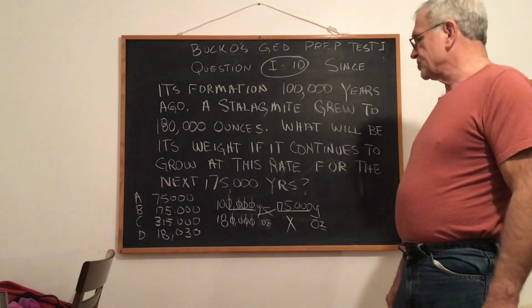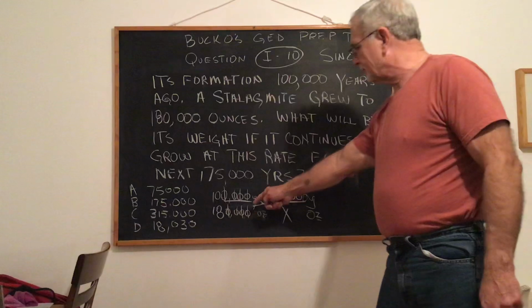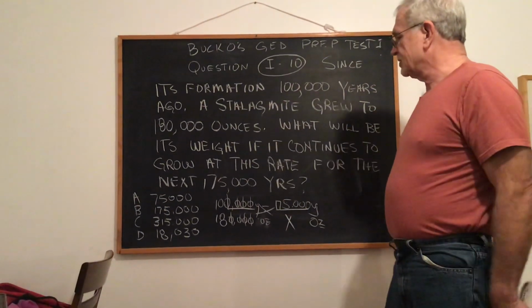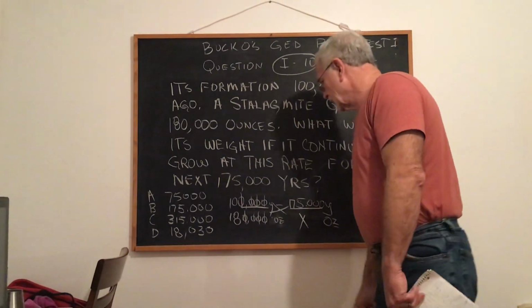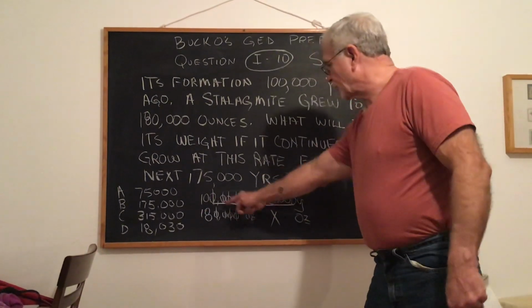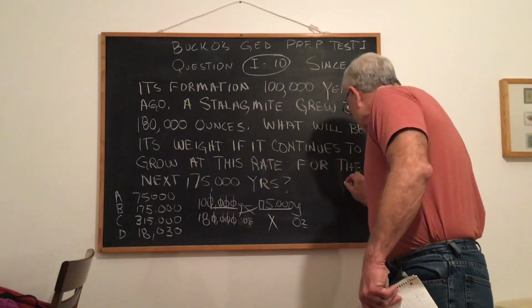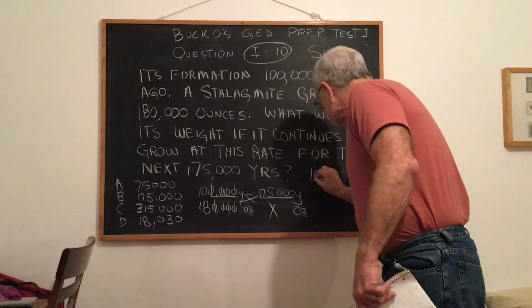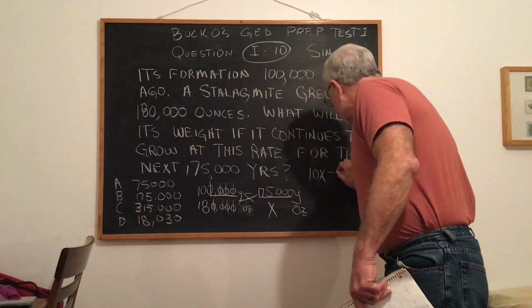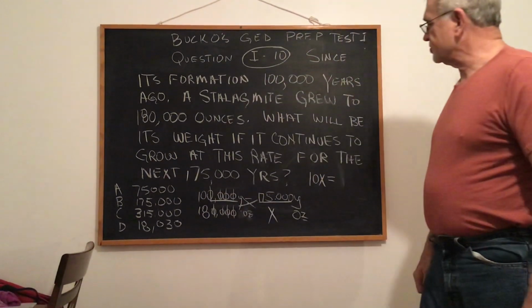All those zeros just wipe each other out. That's like dividing the top by 10,000 and the bottom by 10,000. Makes it 10 over 18. And so you get, remember cross products? 10 times x is 10x. It's got to be equal to 18 times 175,000.